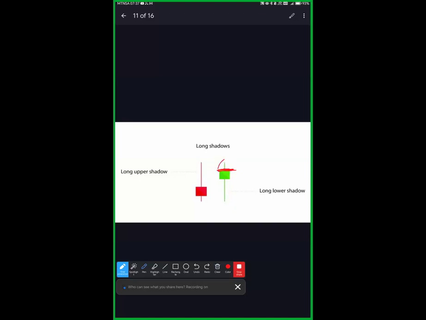It is a green candle. We always say a green candle opens at the bottom and closes at the top. But why the presence of the long lower shadow here? For you to be able to see this, it means there was a selling activity that brought this price down here to this lower point. But the price did not stay here.